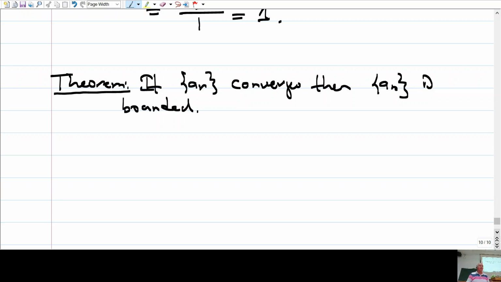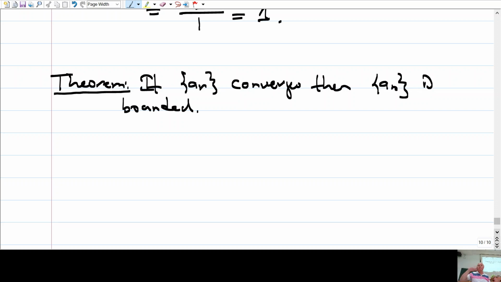Why is that? If a sequence is convergent to some number, let's say 500, it means that almost all the terms of the sequence will be very close to 500. How close? Well, you decide. Let's say 1 unit close. Then by the definition of limit, there is some index.